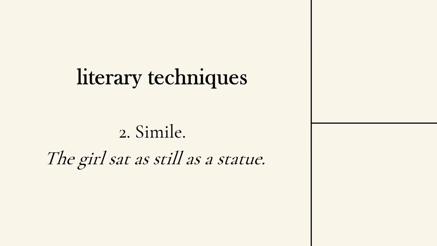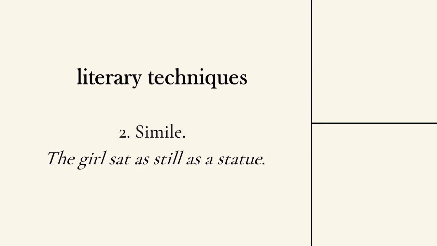And we'll now move on to the second common literary technique, which is simile. Okay, and unlike a metaphor, a simile is also known as an indirect comparison. And it is like a metaphor as well, because two unrelated objects are compared to each other.